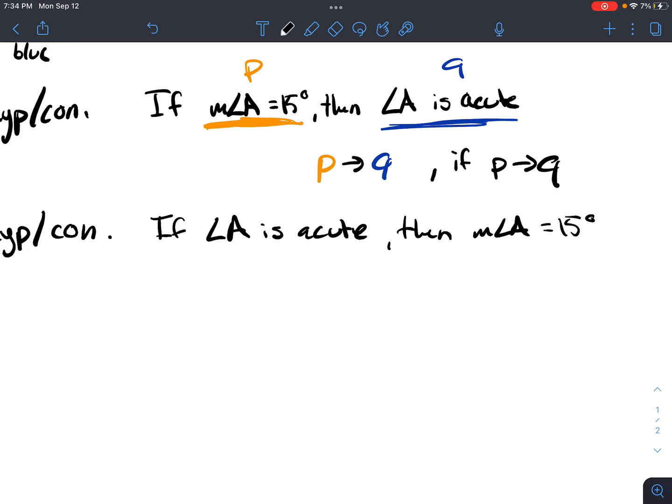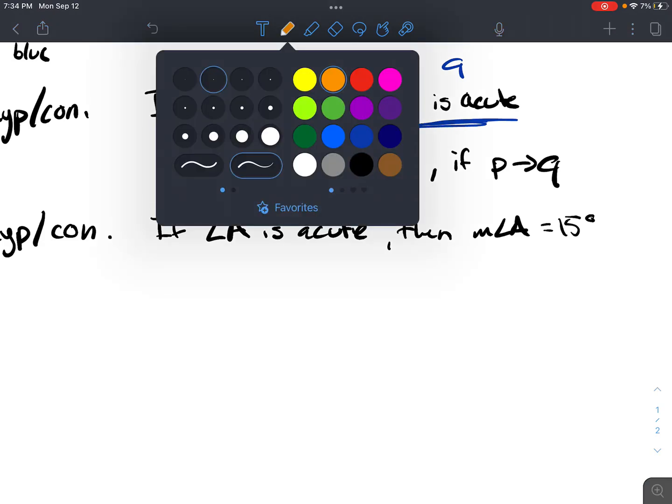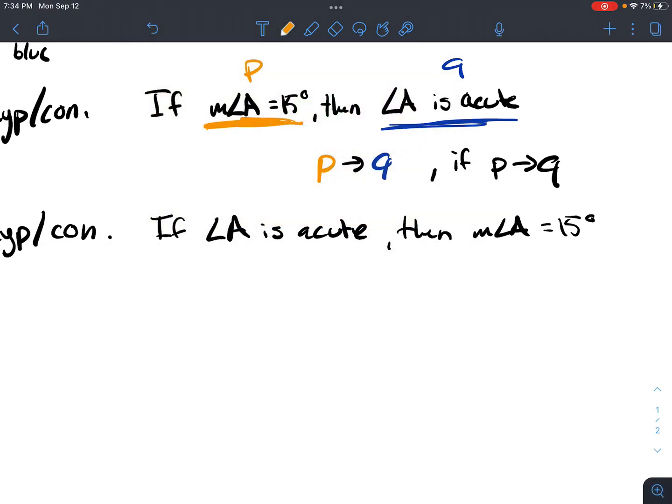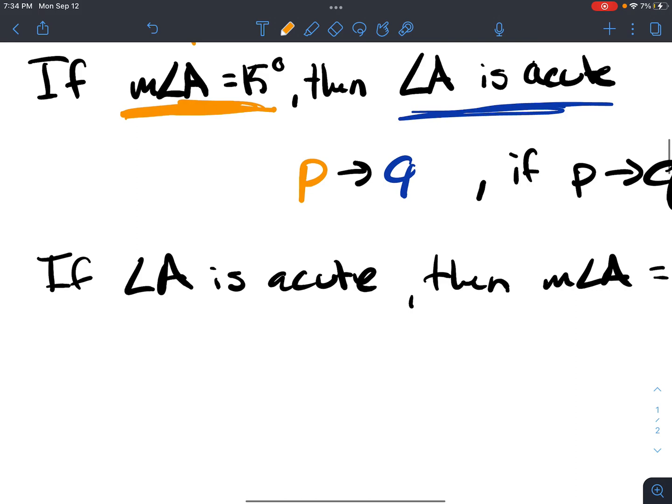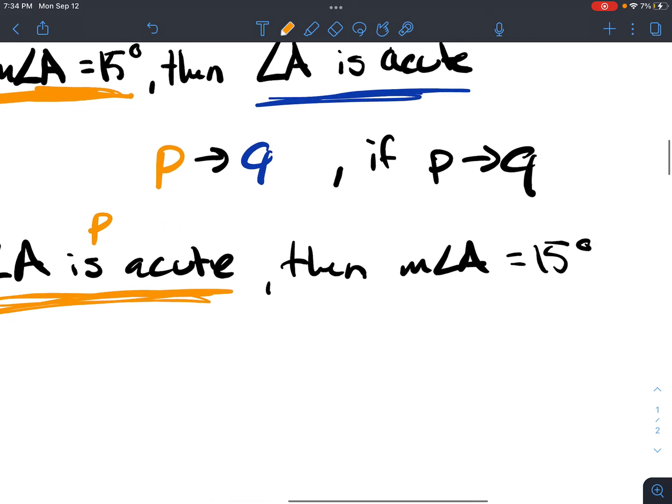And you might say that this is not necessarily always true. What about if angle A is acute, then the measure of angle A is 6 degrees. That is true. These conditional statements, the converse, the inverse, the contrapositive, all this stuff down here, they don't necessarily have to be true. So just different ways that we can change the statements. So once again, we have our P, we have our Q.